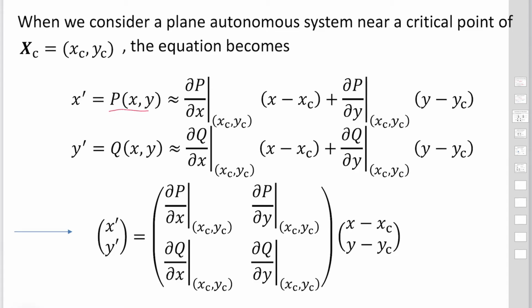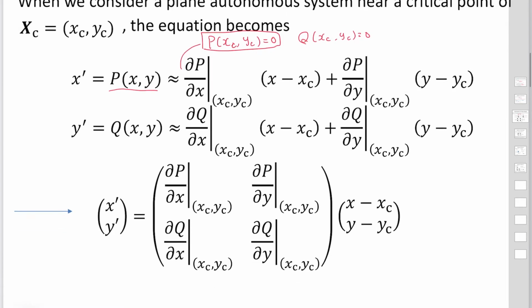So P(x,y) is partial P partial x at (x sub c, y sub c) times x minus x sub c, plus partial P partial y at (x sub c, y sub c) times y minus y sub c. Actually, we use P(x sub c, y sub c) equals 0. Also Q(x sub c, y sub c) equals 0.